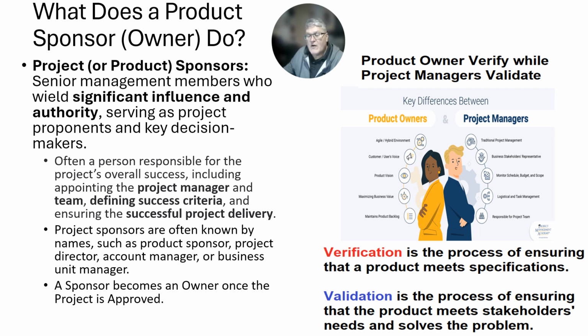So verification is the first step, and that's internally what we do on the project management team. But validation is what might happen with the customer afterward. And they go, okay, you did give me what you want, but it's not exactly what I want, and it needs to be changed. So when you get a chance, take a look over the differences between the product owners and the project managers.